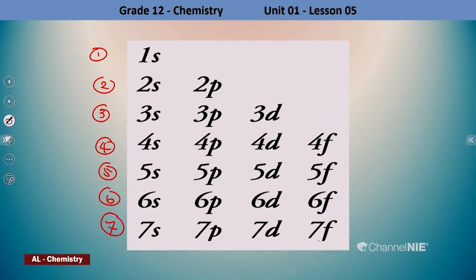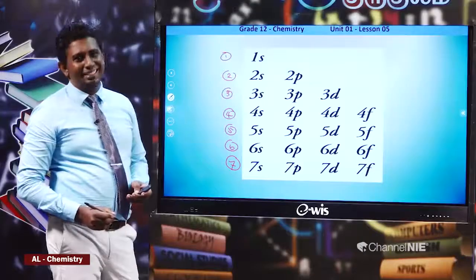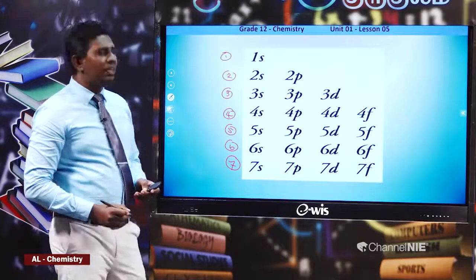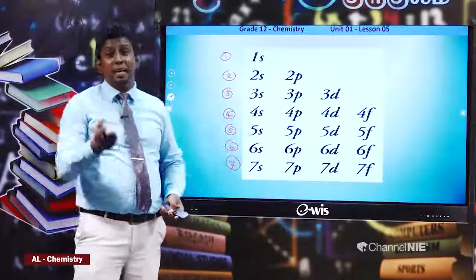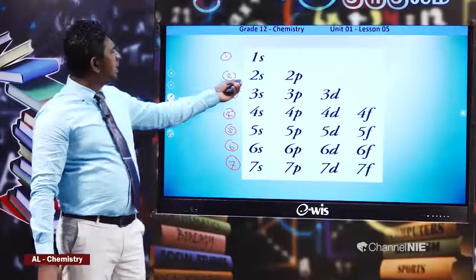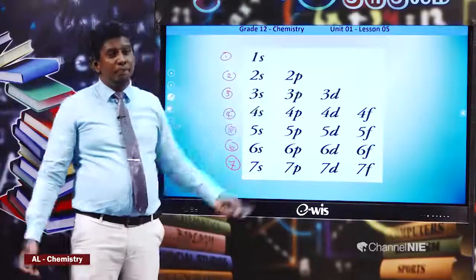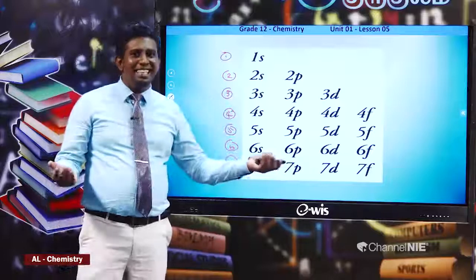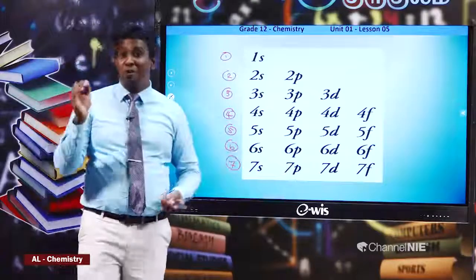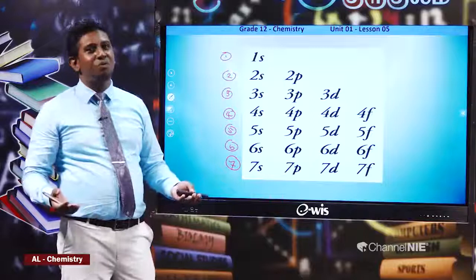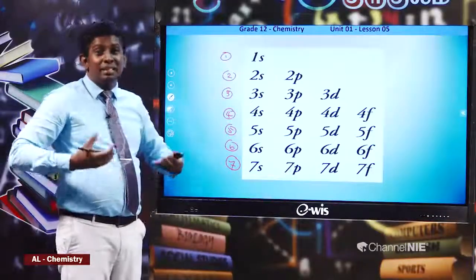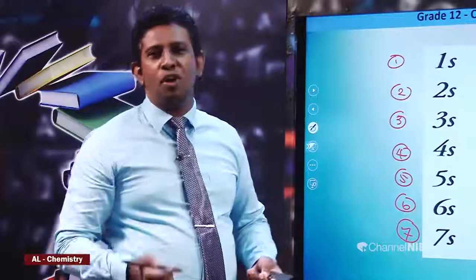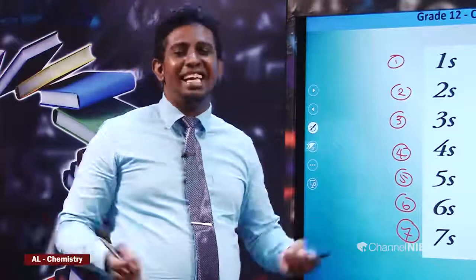So the first shell carries only the 1s subshell. The second shell has 2s, 2p. Third, 3s, 3p, 3d. And fourth, 4s, 4p, 4d, and 4f as a bonus. So you have subshells increasing up to the fourth shell. After that it would be the same, with four subshells within each shell.